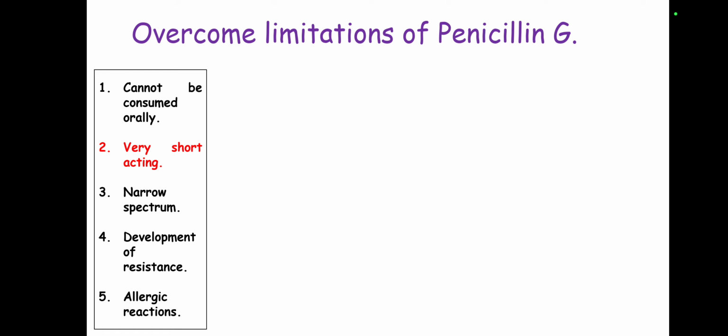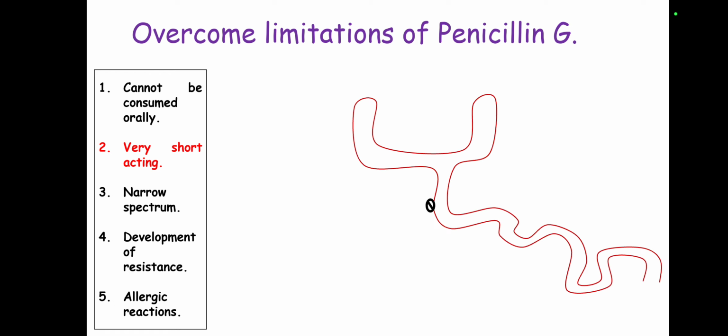The reason for the short action of penicillin is that it is rapidly secreted, and after getting secreted, it is eliminated in the urine. So penicillin will act for only 2 to 3 hours, and we need to give penicillin several times a day.